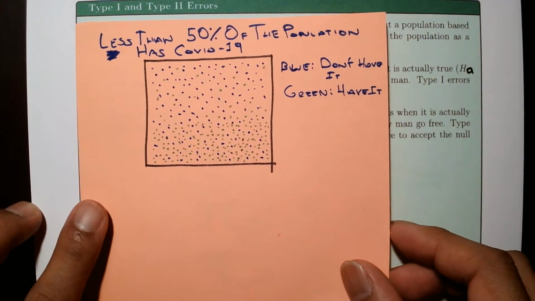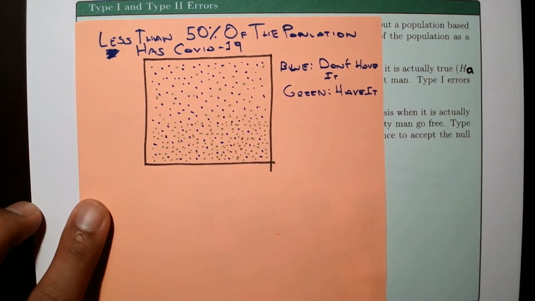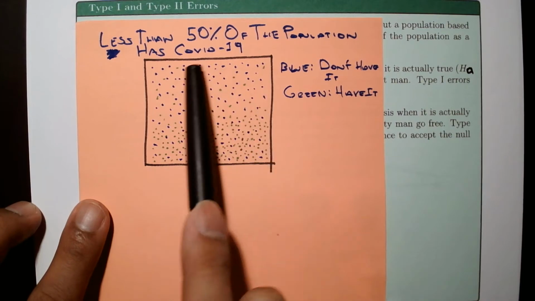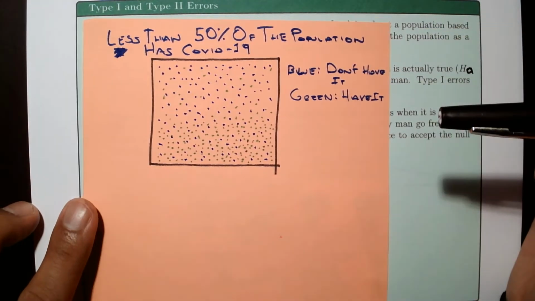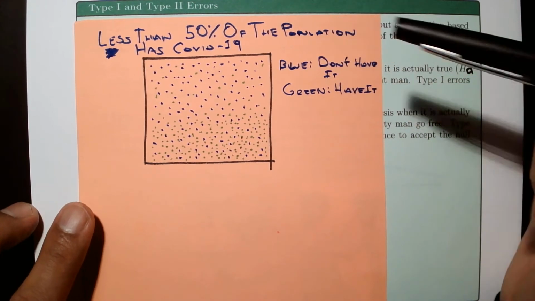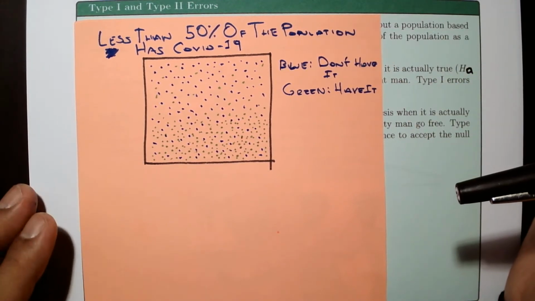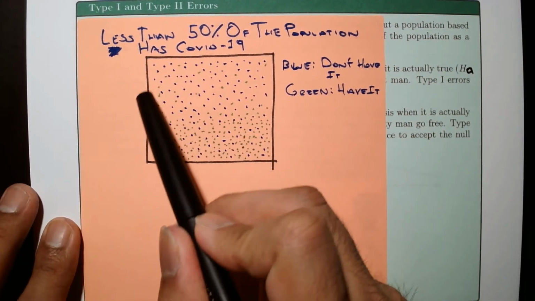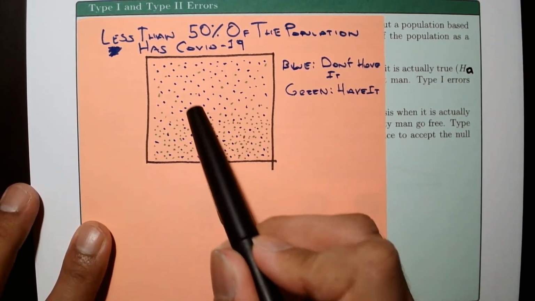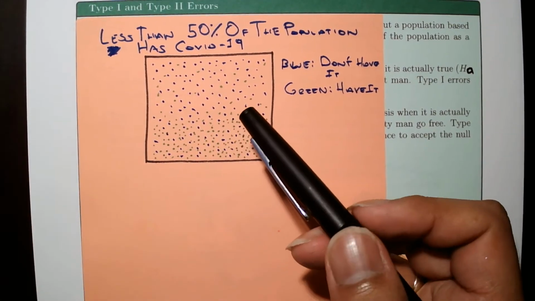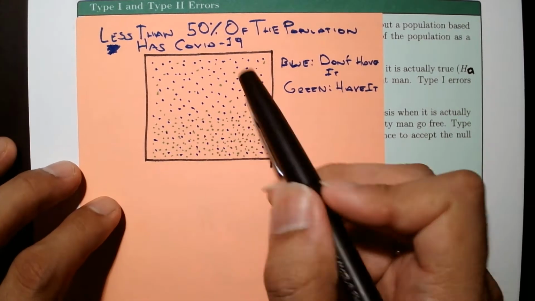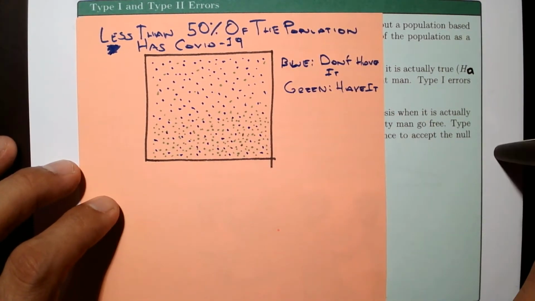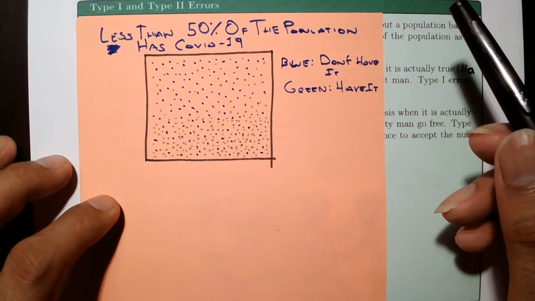Okay, let me give you an example here. I made this grid right here, this population, in which the claim is that less than 50% of the people have coronavirus, for example. Here I have the entire population, let's say, of a city or a community. We don't have to say the entire country; look at the size, it's pretty tiny. Let's just keep it to a community.